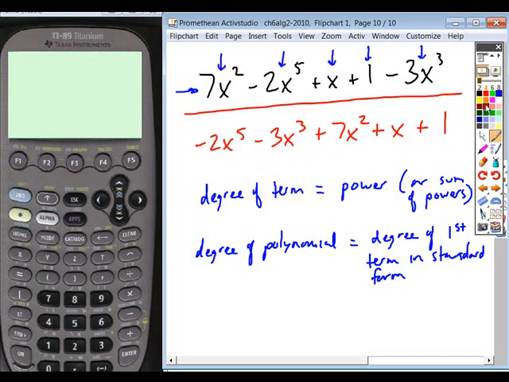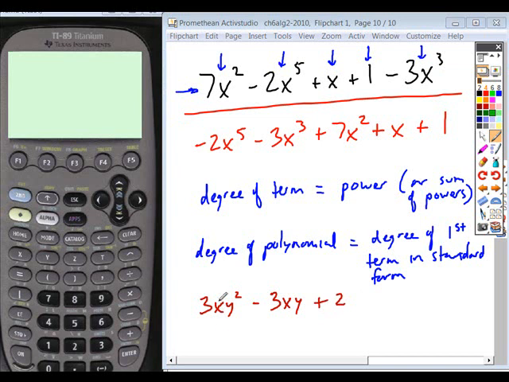The final thing, in talking about the degree of terms, I'd mentioned the sum of powers. That means if you had something like this, if you have multiple powers and you have to identify the degree, you're simply going to add them.